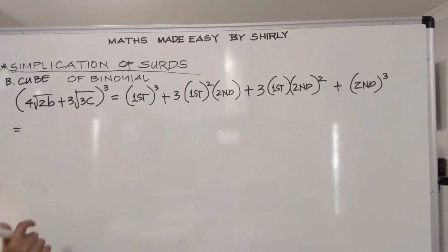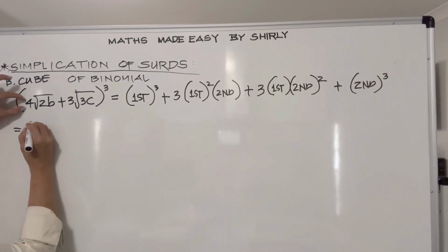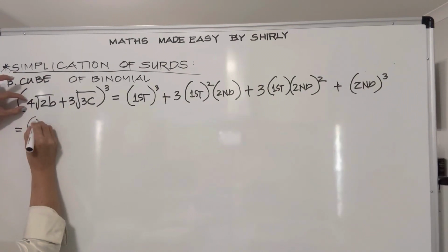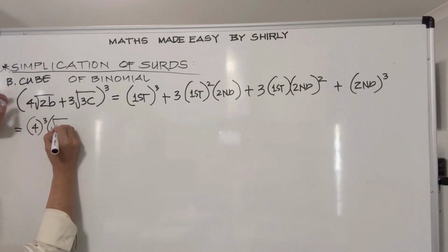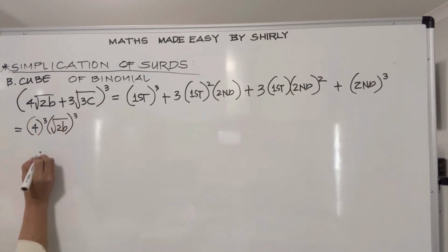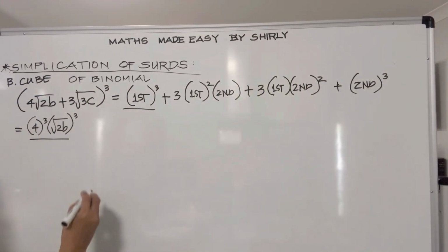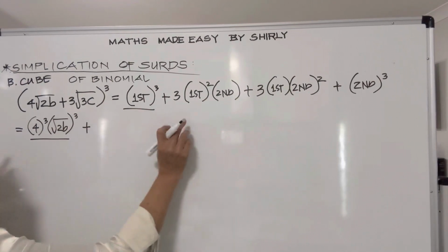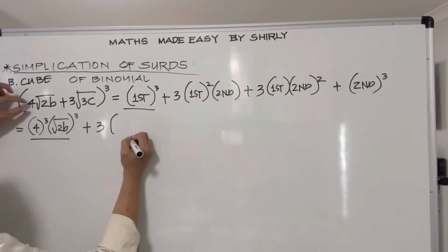Let's start. So we cube the first term, the cube of 4 and the cube of the square root of 2b. So that's the first, okay? Next, we get thrice the product of the square of the first term.